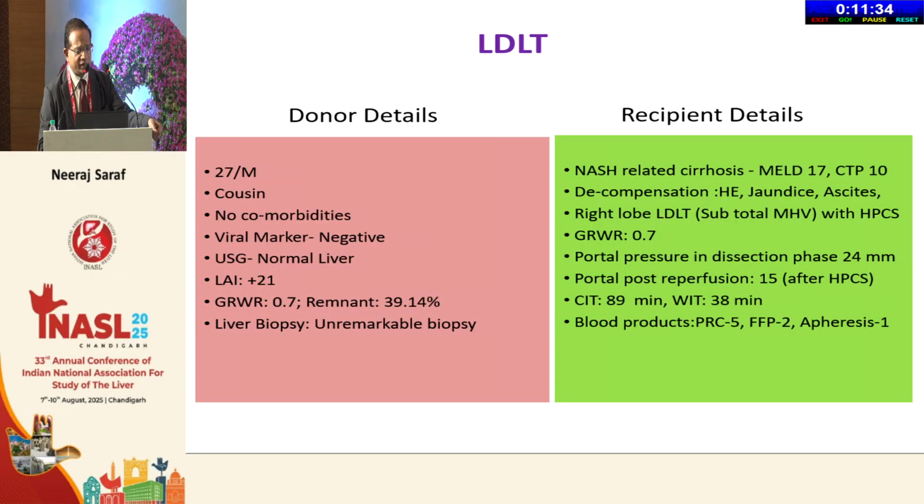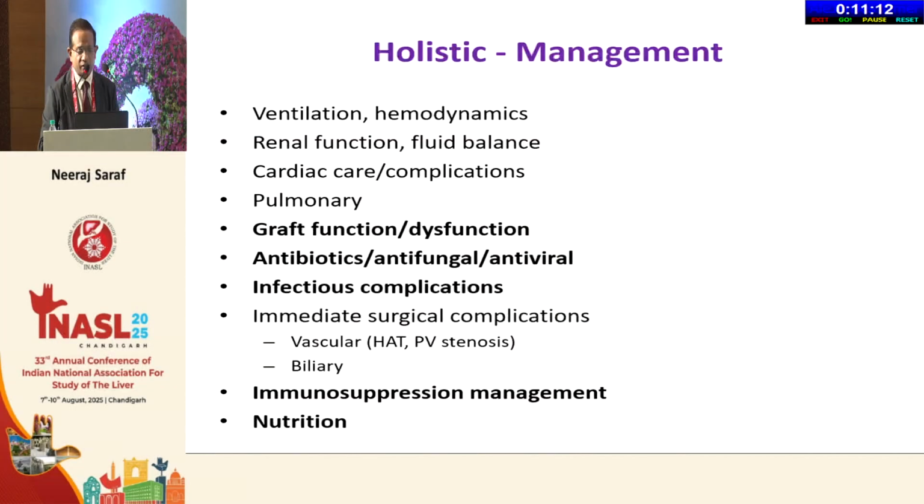These are just some donor details, nothing abnormal here. The GRWR was slightly on the lower side, so we had done a biopsy. Because the GRWR was low, we usually do a hemiportocaval shunt in these patients, and he had a not very high transfusion requirement and an unusual surgery.